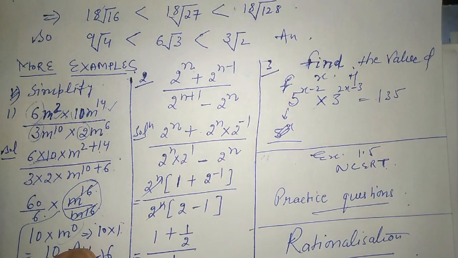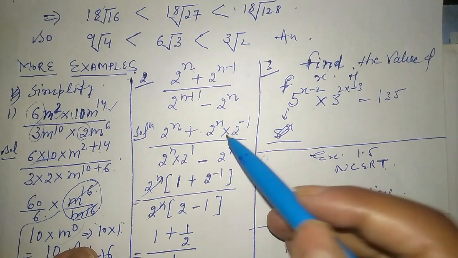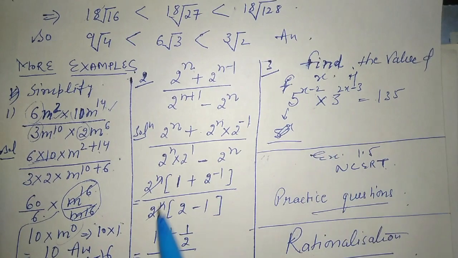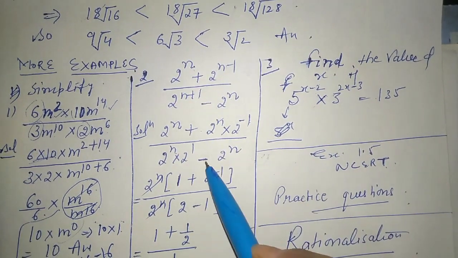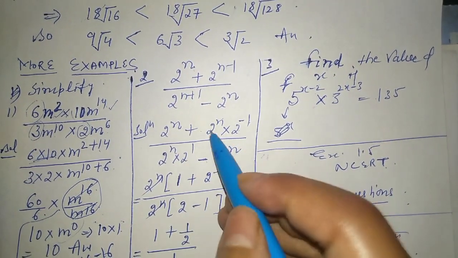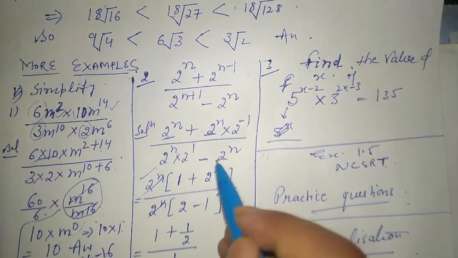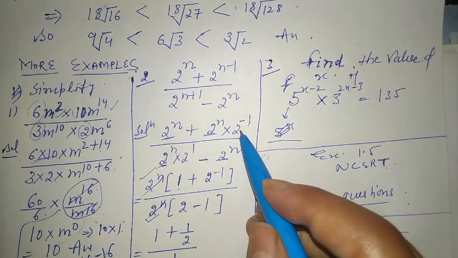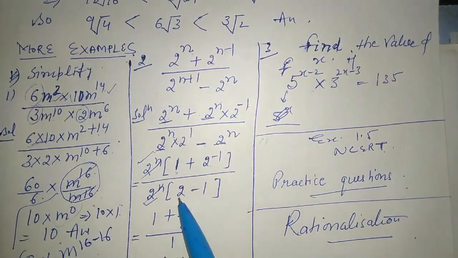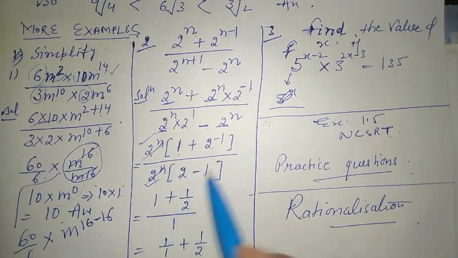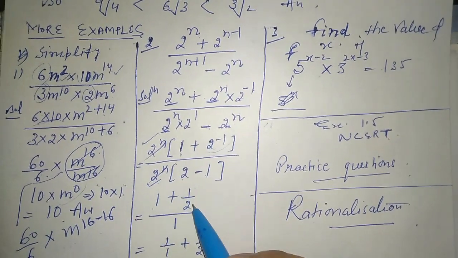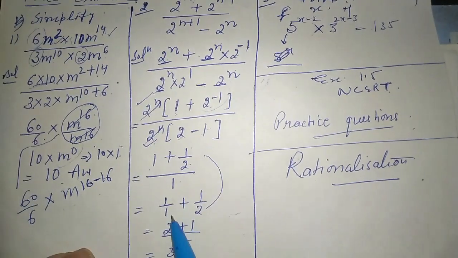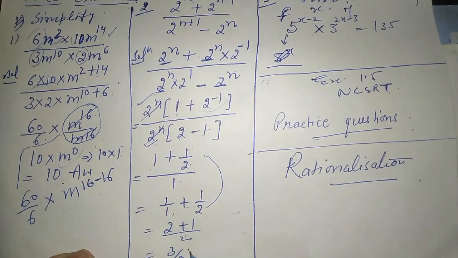So here we have changed it: 2 to the power n multiplied by 2 to the power minus 1, and 2 to the power n multiplied by 2 to the power 1, minus 2 to the power n. 2 to the power n can be taken common in the numerator, and in the denominator also it can be taken common. Here 1 is remaining, and 2 to the power minus 1. Here is 2 minus 1. This can be cancelled out. To make it positive, 1 plus 1 upon 2, over 2 minus 1. Taking their LCM, we are having 1 plus 1 upon 2, which becomes 3 upon 2.